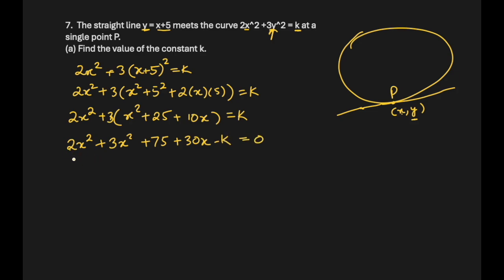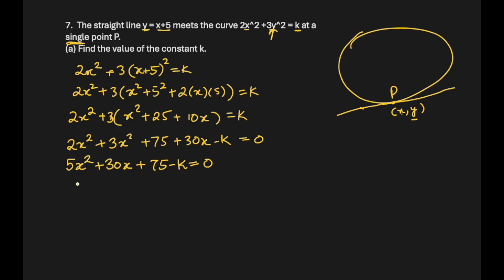So 2 plus 3, 5x square plus 30x plus 75 minus k equal to 0. Now they clearly said that they're meeting at a single point. That means the solution of this equation will be only one.